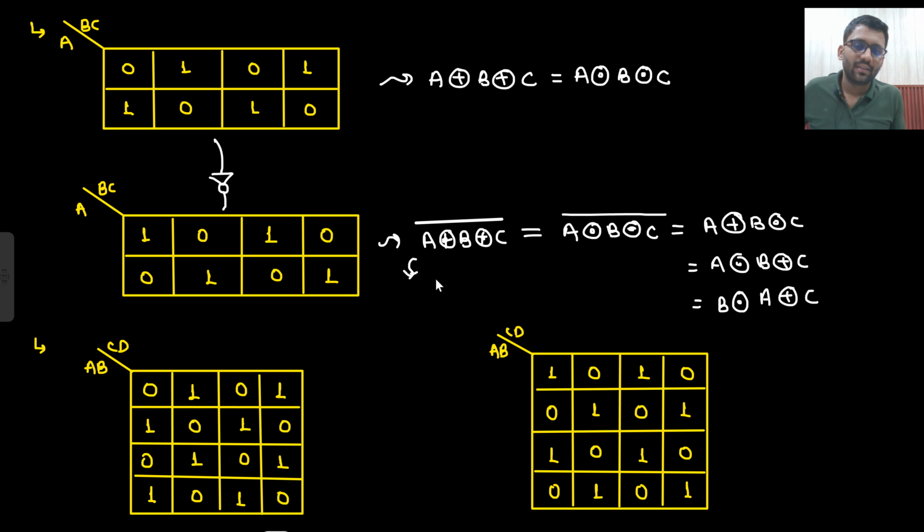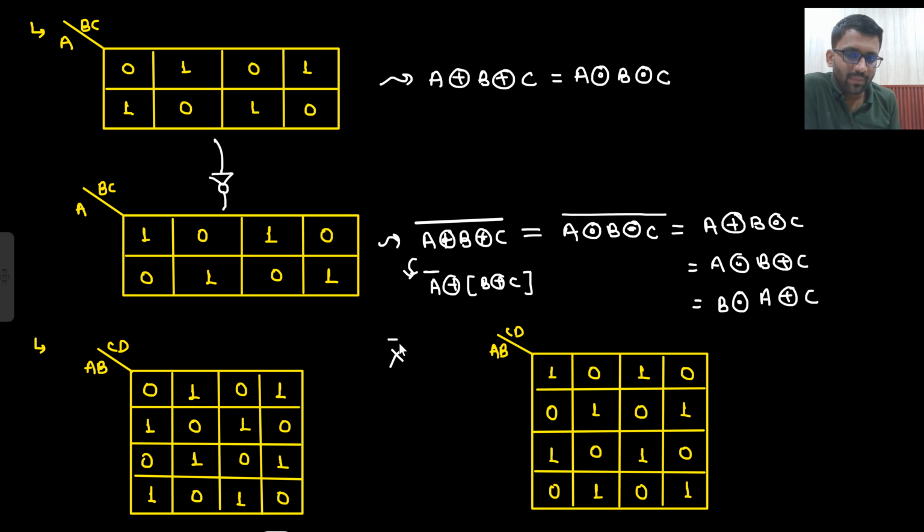I will tell it again. This is written as A XOR B XOR C bar. So can I assume it as X XOR Y, where X is A, Y is B XOR C, and the whole bar is there? I told you one property, if a whole bar is there, you can take the bar on one of the functions, right? Can I write it in this manner? Yes, you can write it in this manner.